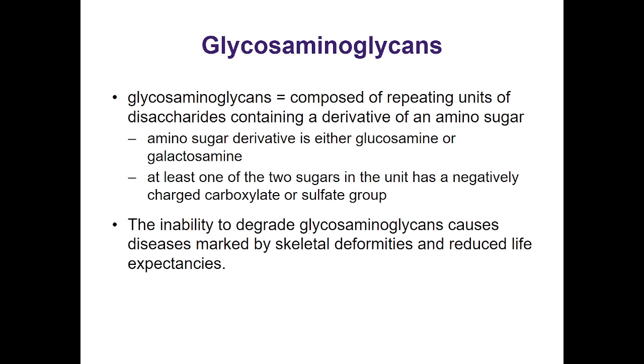At least one of the two sugars in the unit has a negatively charged carboxylate or sulfate group. The inability to degrade glucosaminoglycans will cause diseases marked by skeletal deformities and reduced life expectancies, in case you're wondering.